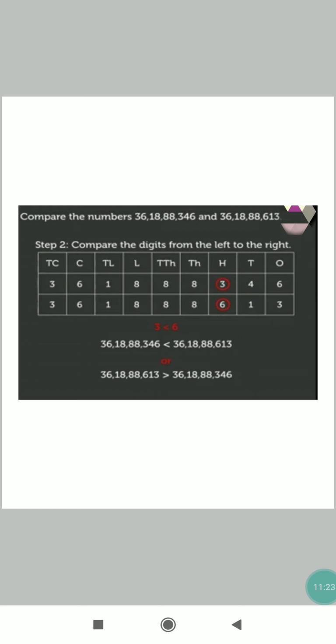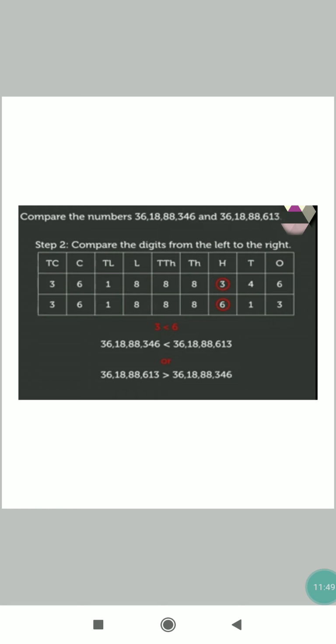So from where is it changing? It is changing from the hundred place. At the hundred place, upside the number is 3, and downside the number is 6. So now we can do the comparison. Which one is greater, 3 or 6? Yes, 6 is greater. So the whole number will become greater in that case.